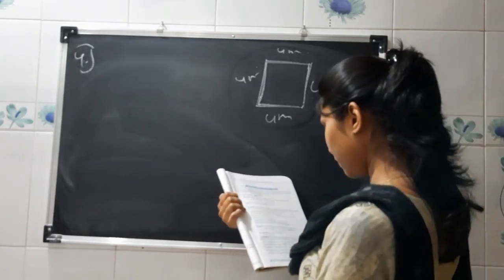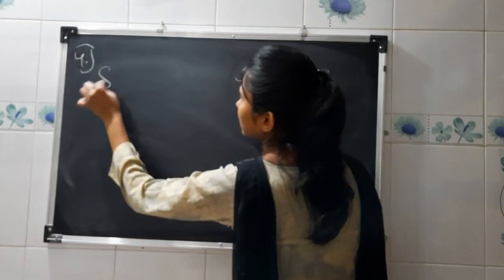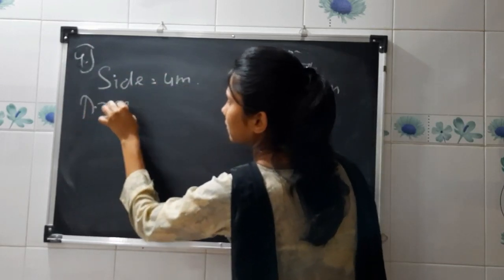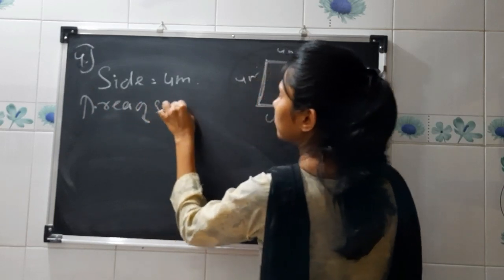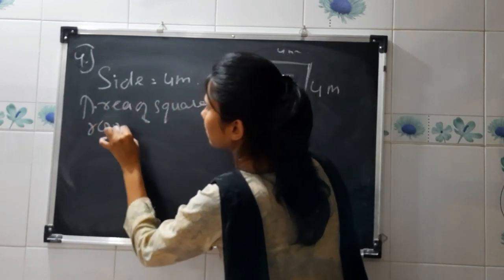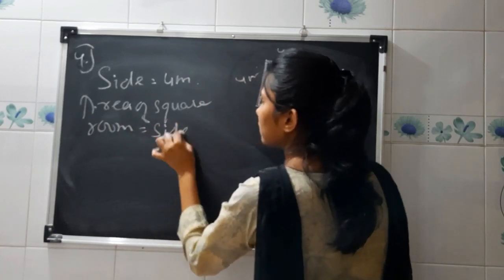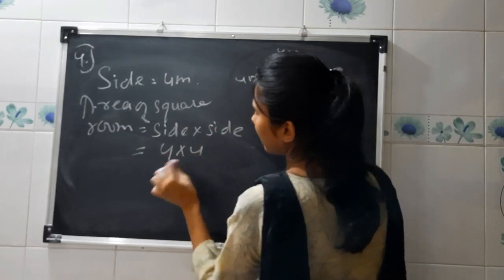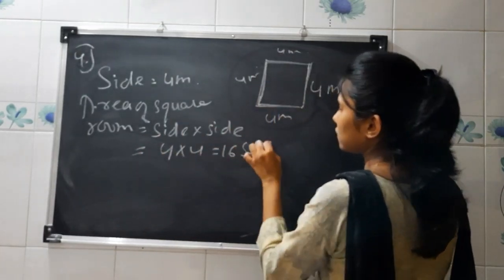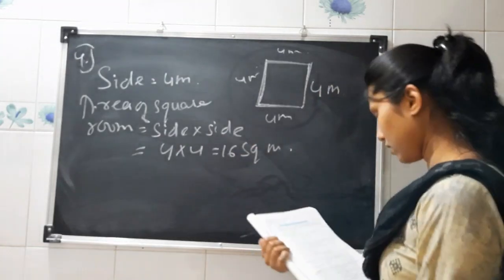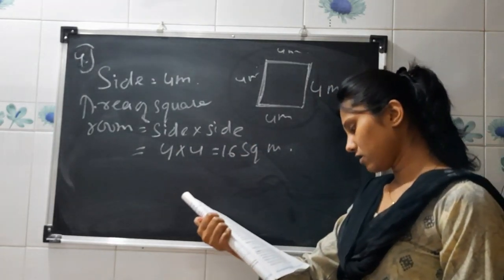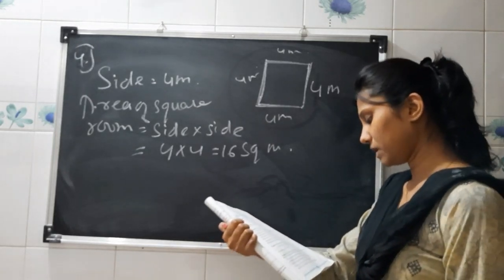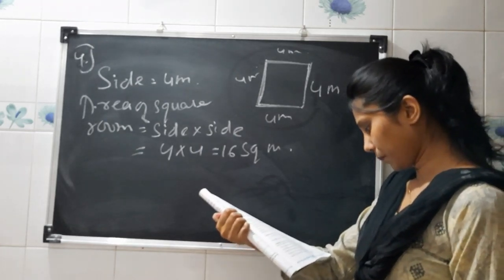Okay, so first we have to find out the area. The side of the square they have given is 4 meters. Area of a square room, side into side, that is 4 multiplied by 4. You will get the answer 16 square meter. Okay, now what they have given: the cost of labor for laying 1 square meter of floor is rupees 35.